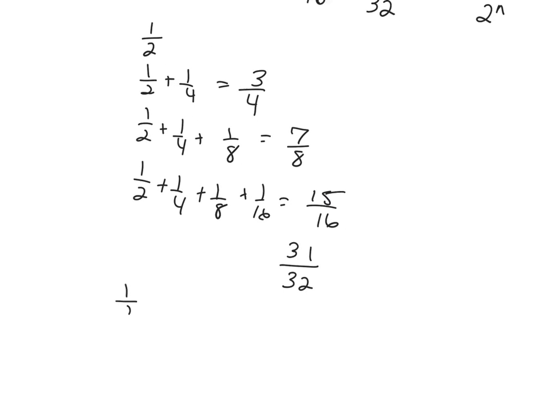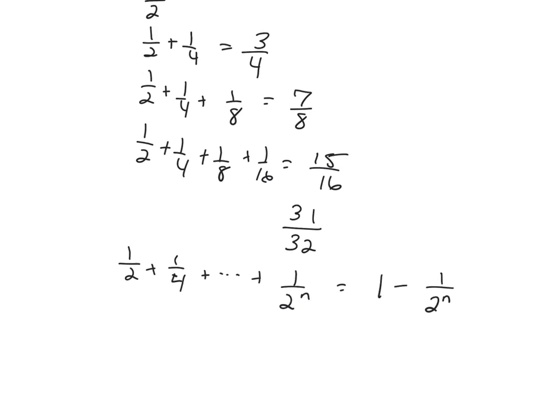So in general, if I'm adding up these numbers up to 1 over 2 to the n, the formula for these sums is going to be 1 minus 1 over 2 to the n, because the numerator is 1 less than the denominator. Okay? And what happens as n gets large to this right-hand side?